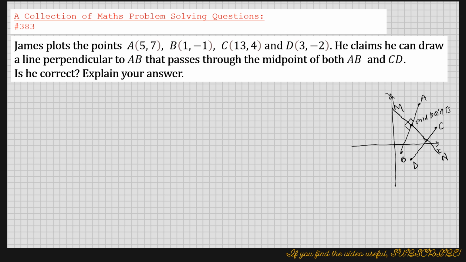Using the gradients of AB and MN, we need to see if they are perpendicular. If they are perpendicular, then James is right. If they are not perpendicular, he is wrong. So that's the plan of working out.